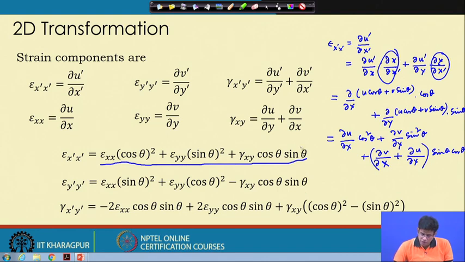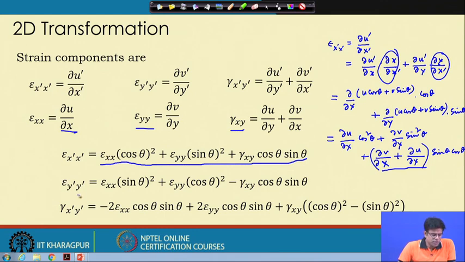Now you see carefully, this del u by del y plus del v by del x is essentially gamma xy, which is a shear strain, and then del u by del x is epsilon xx, and del v by del y is epsilon yy.